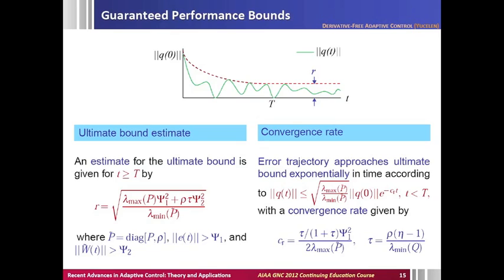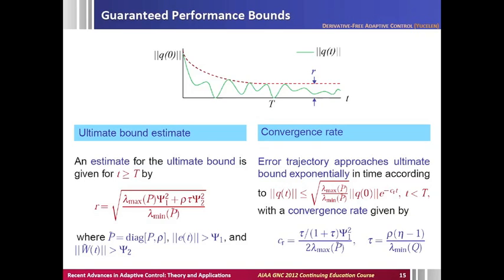So what are they? The first is the uniform ultimate bound estimate, meaning I am starting from here, I am converging to some set, and I am staying in that set. So this is the uniform ultimate bound. More clearly, let's say E versus time.